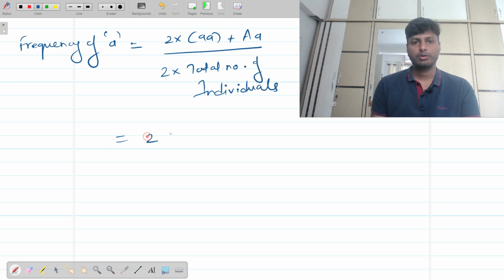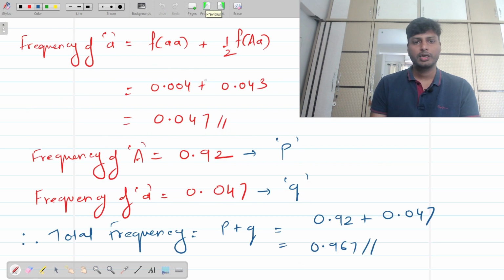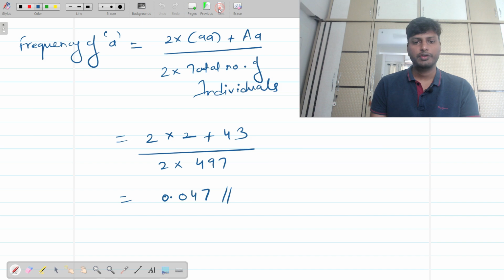So this will be around 2 into 2 plus 43 upon again 2 multiplied by 497. So this will come to around 0.047. You can compare it with the previous frequency which we had calculated. Again, here also we got the frequency of small a as 0.047.